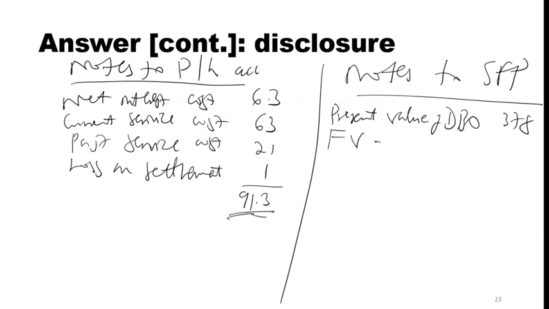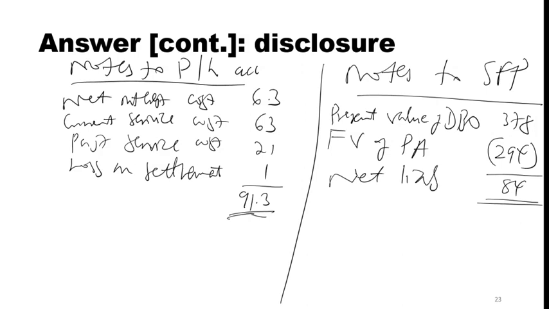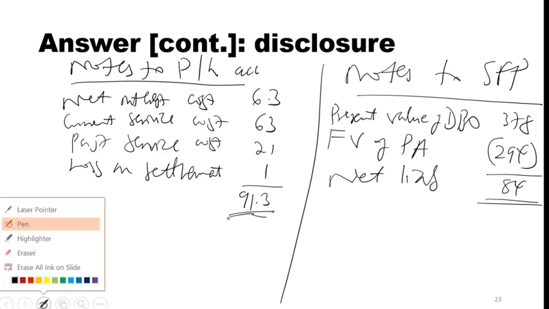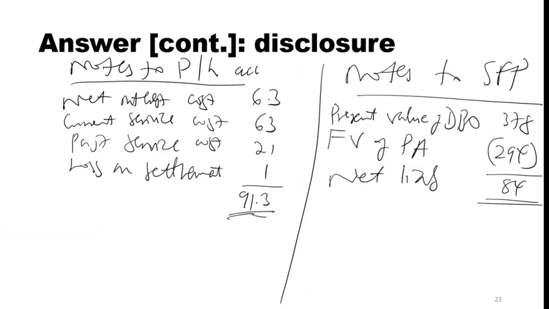The fair value of the plan assets, 294. So we are going to have a net liability of 84. Net liability. Then let's talk of the last issue, the disclosures in the notes to the other comprehensive income.